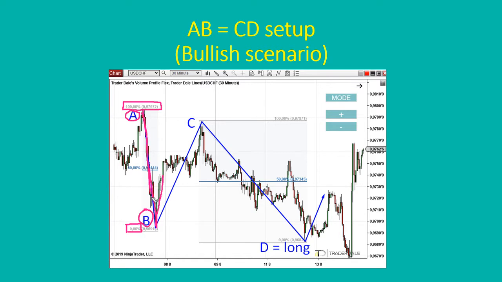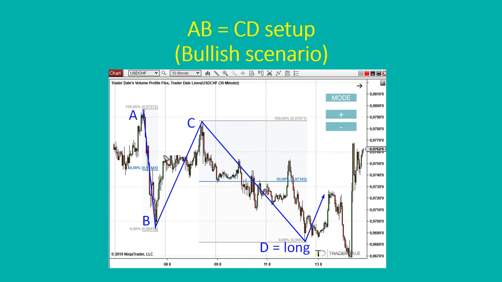So, this is the distance from A to B, and this is the distance from C to D. And it is the same, alright? So let's say that A to B is 50 pips, then C to D will also be 50 pips, alright? That's how you determine where the price should turn, where you should go long.